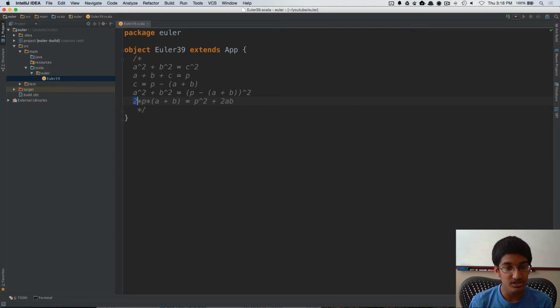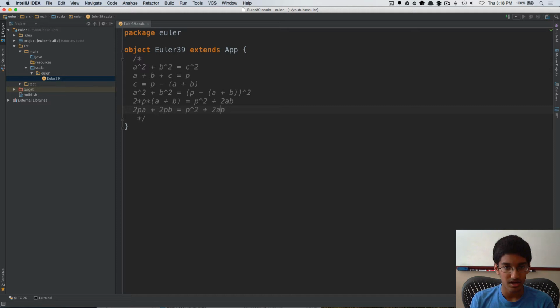Now I'm going to change this formula so that it's in terms of b. So we calculate b in terms of a, and this will allow us to get the other leg length based on one leg length. I'm going to expand this first. So we get 2pa plus 2pb equals p squared plus 2ab.